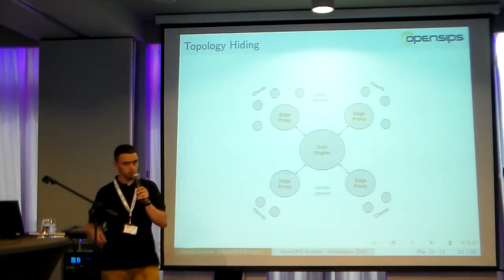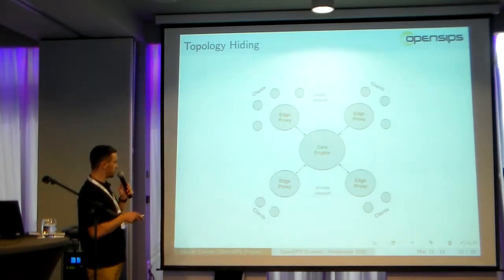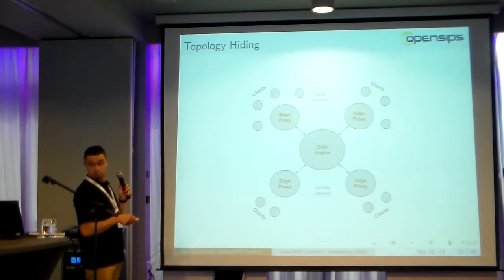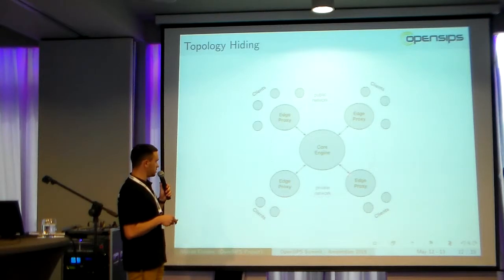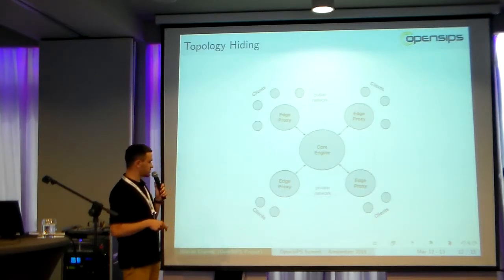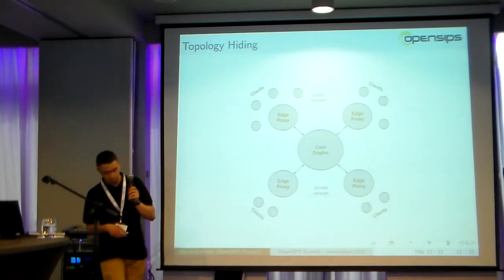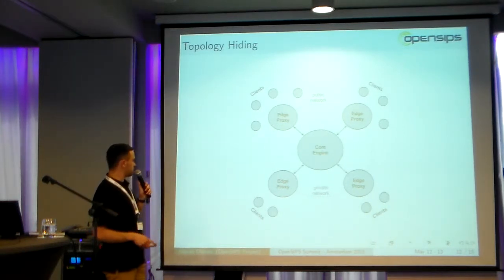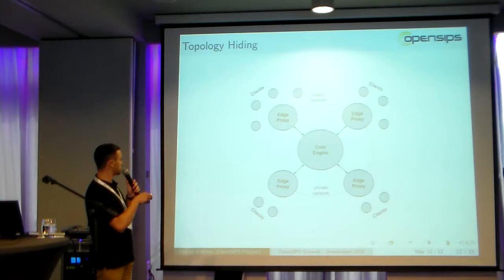So the SIP packet will contain the identity of both this server and this server. Next, this server also adds the IP of this interface and this interface further to the client, which means that the client will see the entire path in the SIP packet, starting from this client to this client.